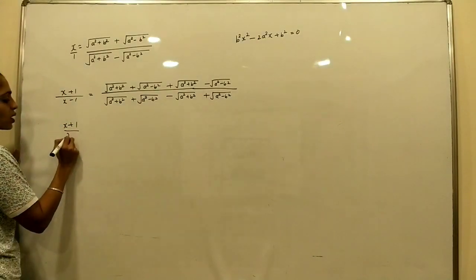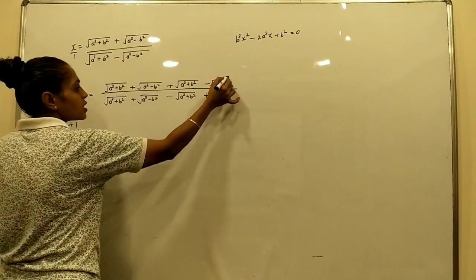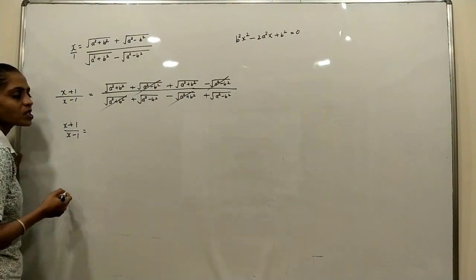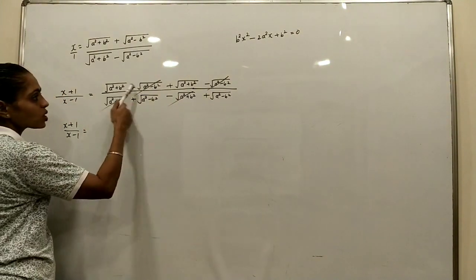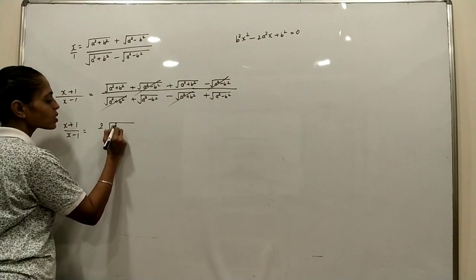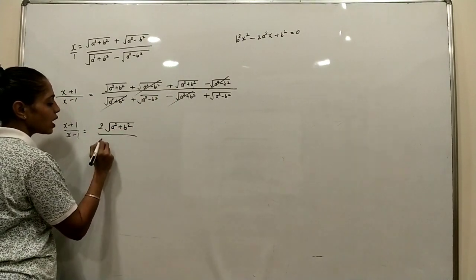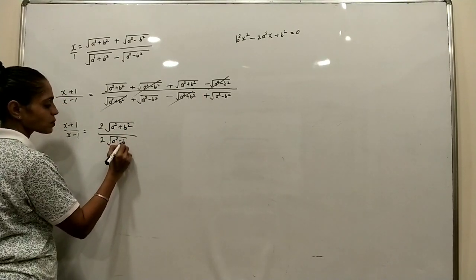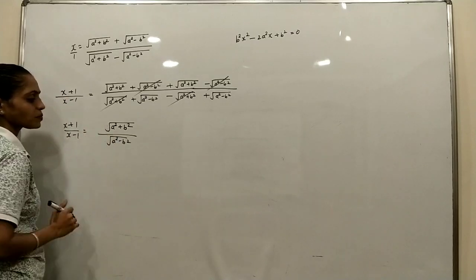So x plus 1 upon x minus 1 is a square cancel, a square plus b square in the root cancel. Now these 2 terms, 2 times under root a square plus b square and 2 times under root a square minus b square. 2 cancel.